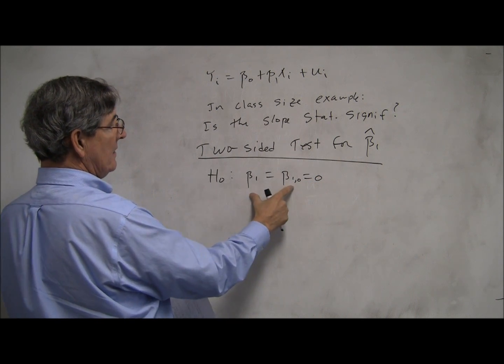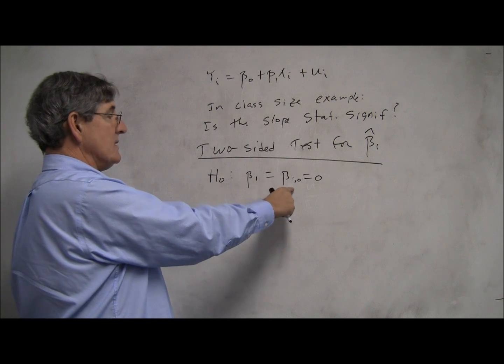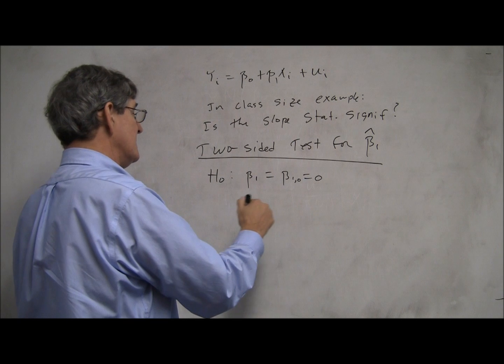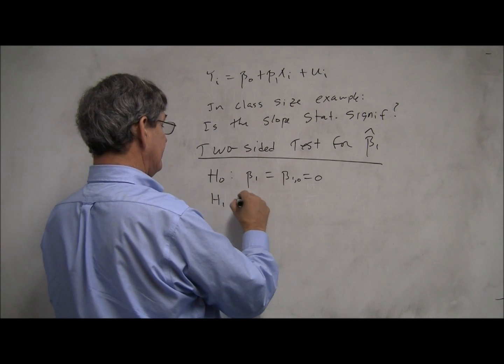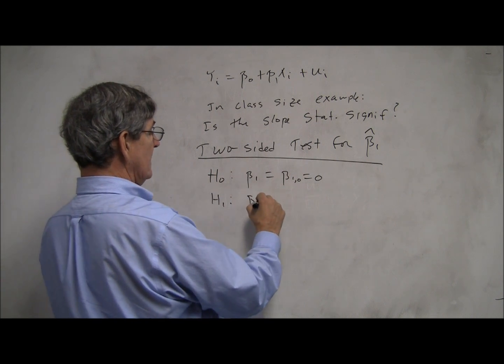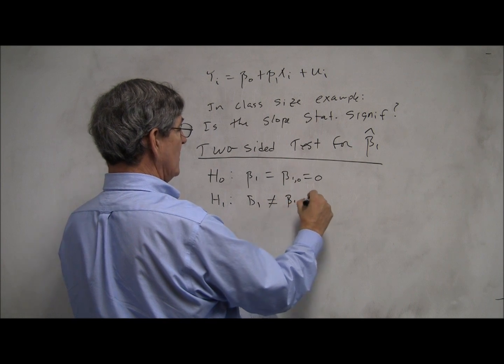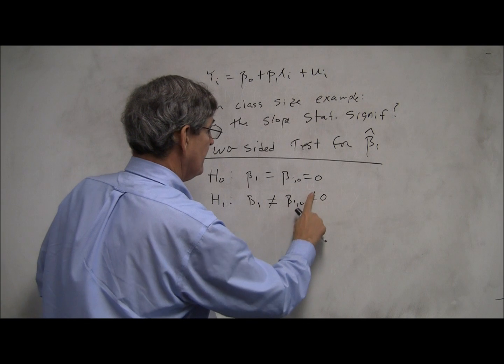So in general, our null is beta 1 equals beta 1,0. This could be 1, it could be 3.7, it could be anything. In this particular case, we want to know if beta 1 is 0 versus the alternative, H1, that beta 1 does not equal some value beta 1,0, which in this case is 0.